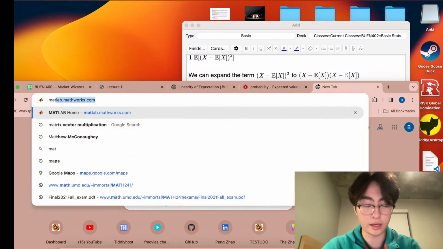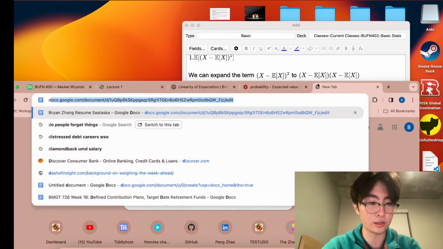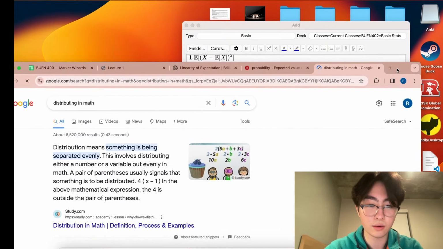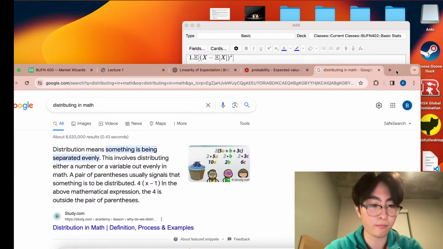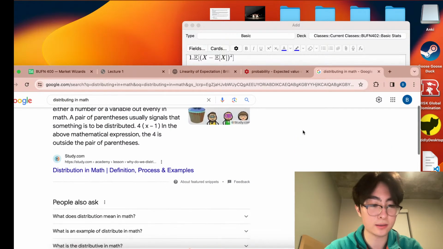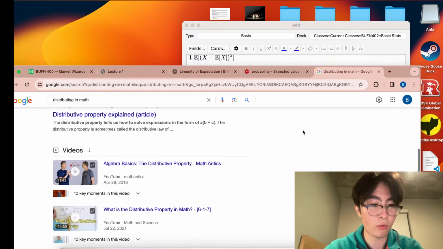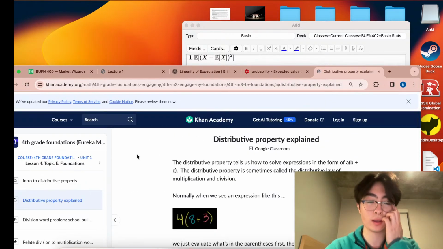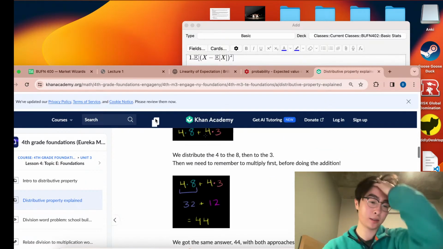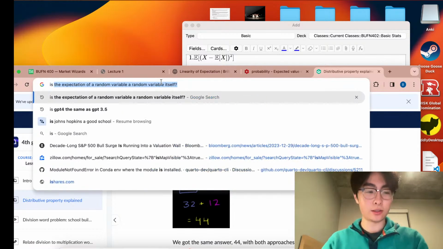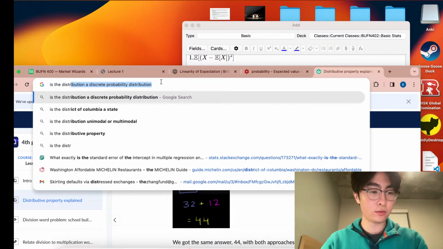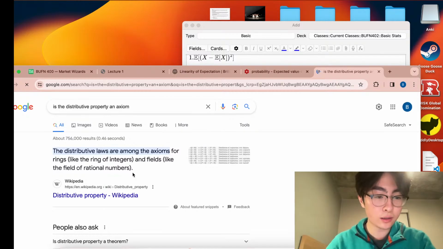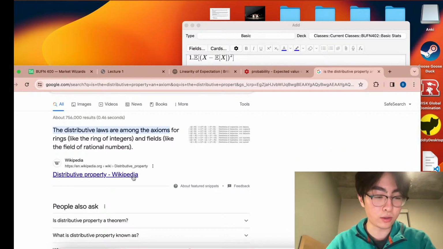It's math. Let's see, it's distributing and math. It's just a law, I guess. Is the distributive property an axiom among the axioms for rings, like the ring fields?